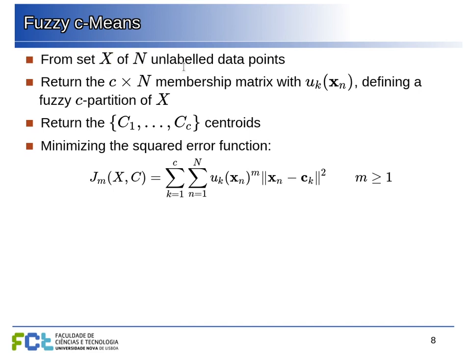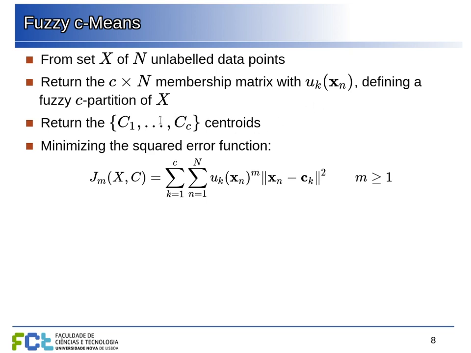So let's start with a set of data points. We have n data points in this matrix X, and we want the membership matrix, which tells us for each of these n points how much it belongs to each of the C clusters. So this will be a C by n matrix, which has all these membership values.